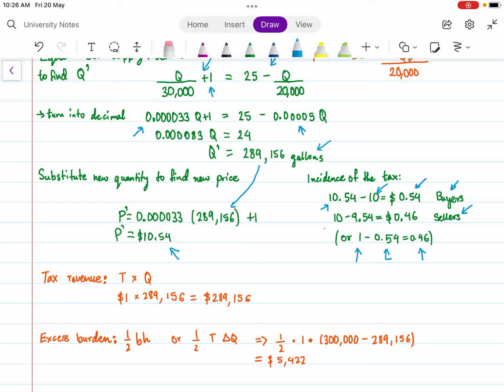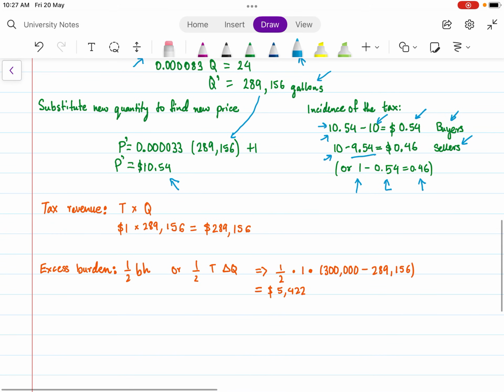We can also use the old equilibrium price and then subtract the point where the new supply curve intersects the old demand curve, and that is 9.54. And we can also get 9.54 by subtracting 1 from 10.54, and we get the net price that the sellers will receive after they have paid the tax.